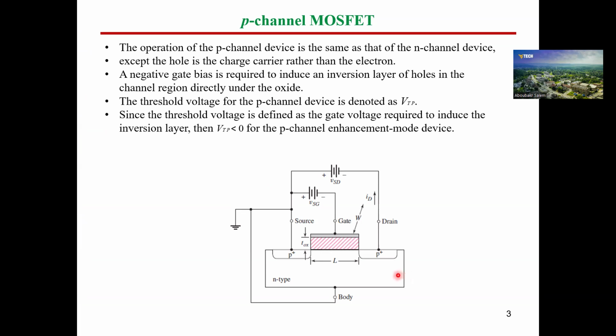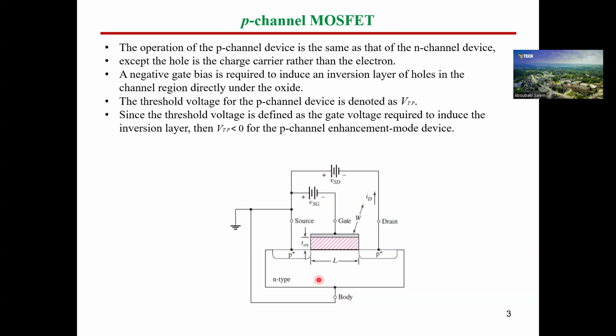And in the N-channel MOSFET, within the P-type material, there was drain and source, and these drain and source were N, and the channel was created here between the drain and source in the P-type material, and it was N channel.